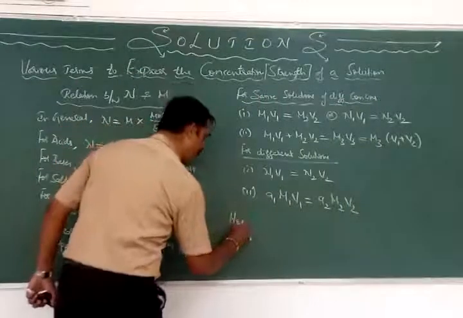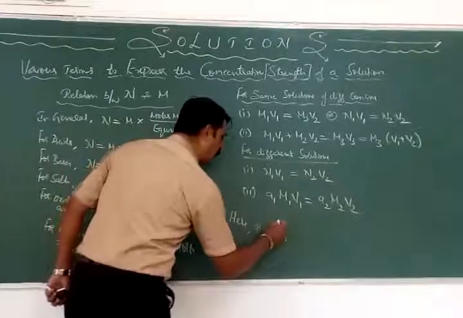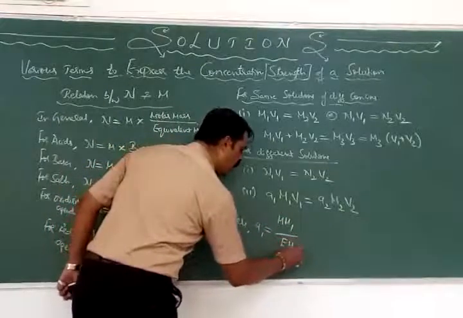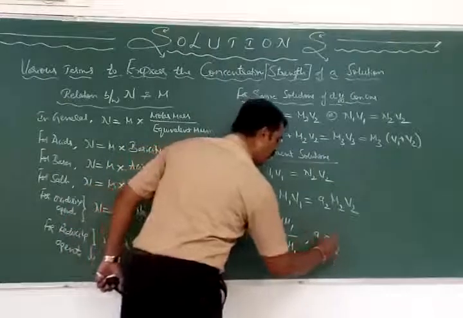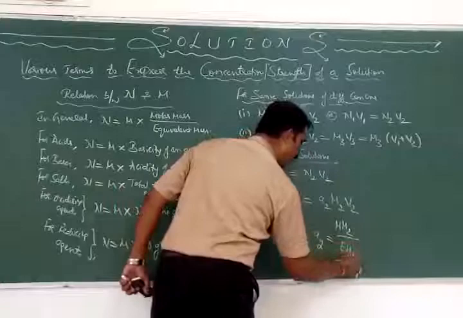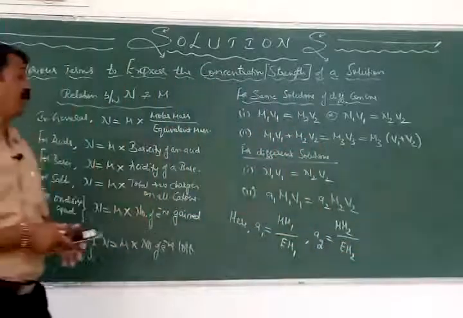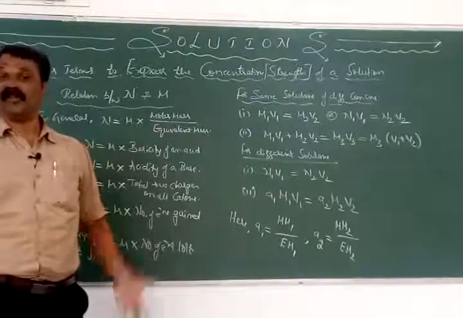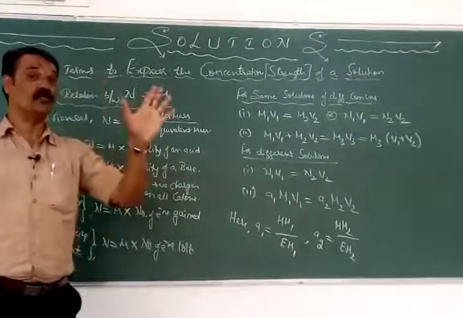Here, A1 is equal to MM1 divided by EM1. A2 is equal to MM2 divided by EM2. This is a special case, for different solutions of substances. Either it may be the same concentration or a different concentration, I don't know.